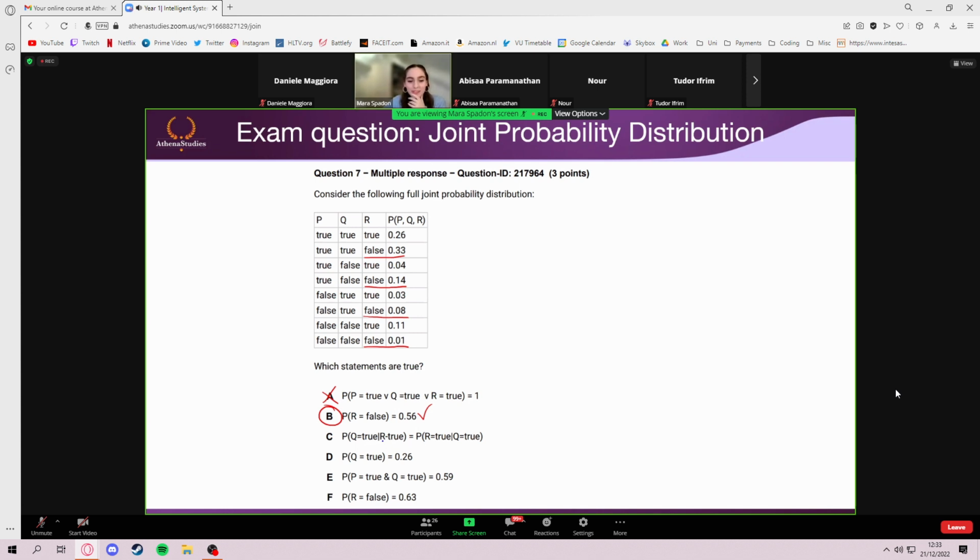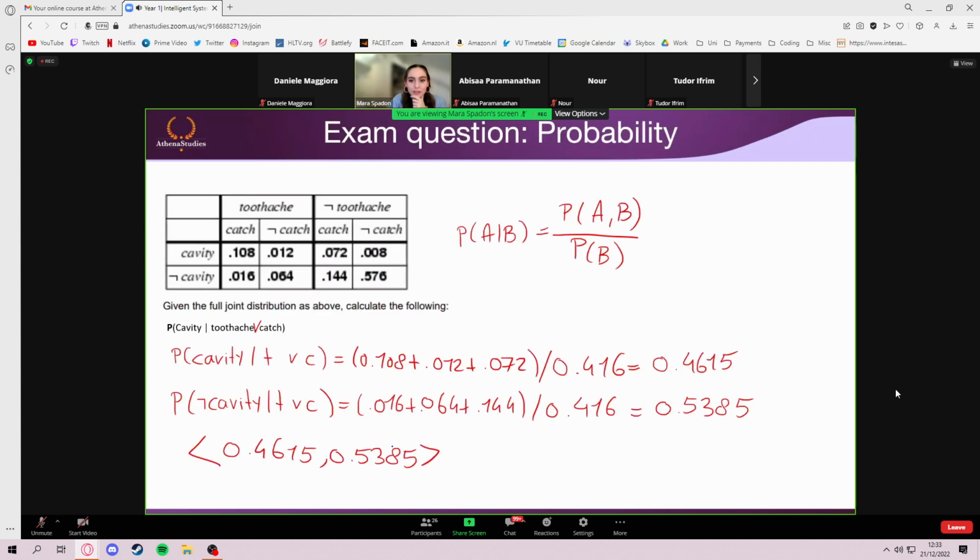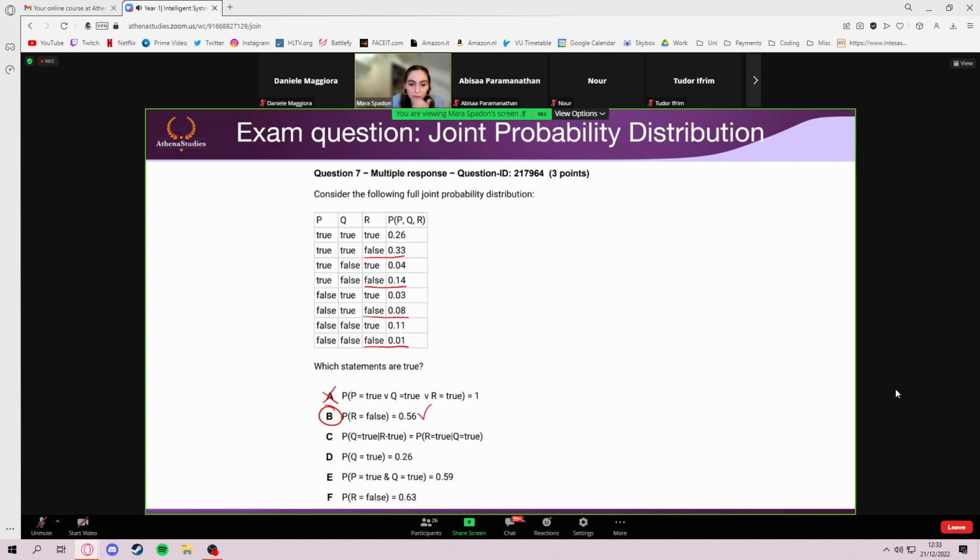Okay, for this one, what it says here is, if we remember the conditional probability formula, and you would actually calculate the values, you would see that they're not true. But also there's this little knot here.